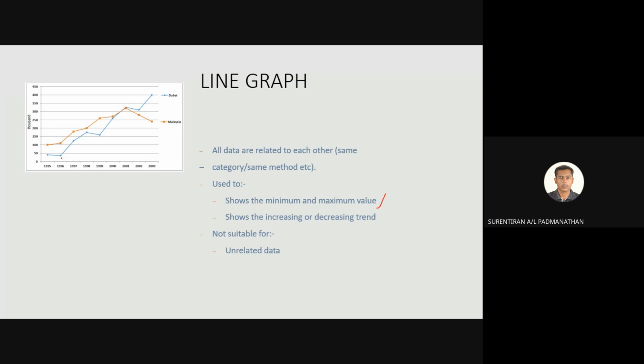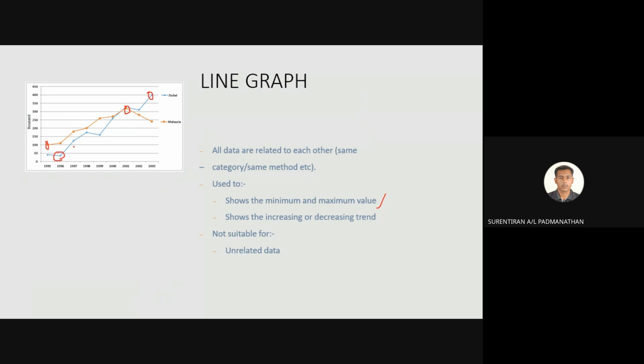For the minimum, we can see that this is the minimum point. This is a maximum point. For example, here also the same, this is the minimum point, and the maximum point is here. So from the line graph itself we can see which one is the minimum and maximum, and it shows the increasing or decreasing trend.